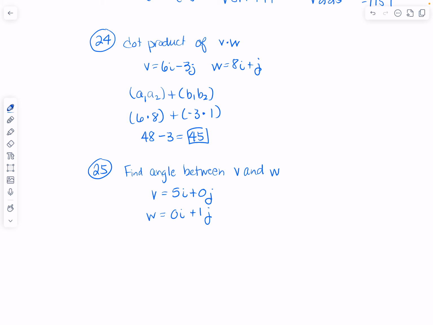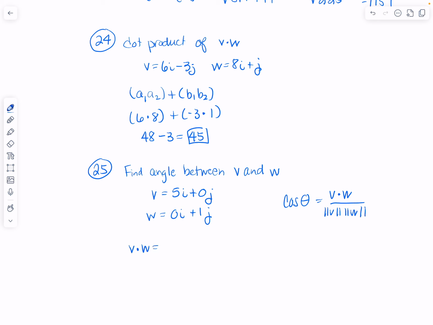Now, if I have to find the angle between the two, I have to use a formula. And the formula is this: cosine theta equals v dot w over the magnitude of v times the magnitude of w. Okay, so let's first find v dot w.